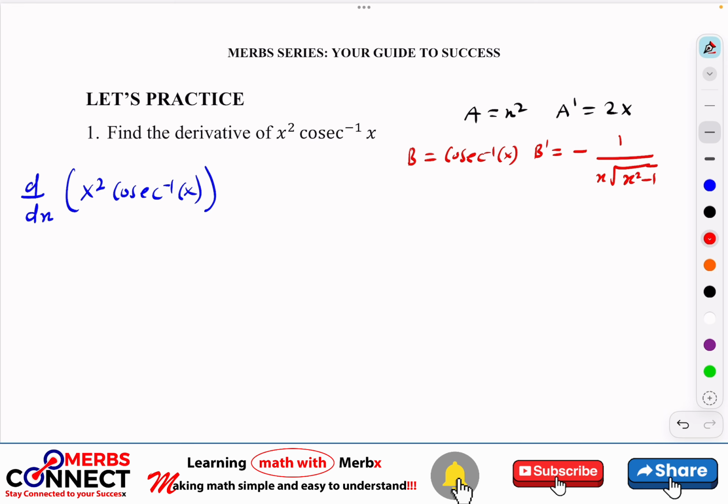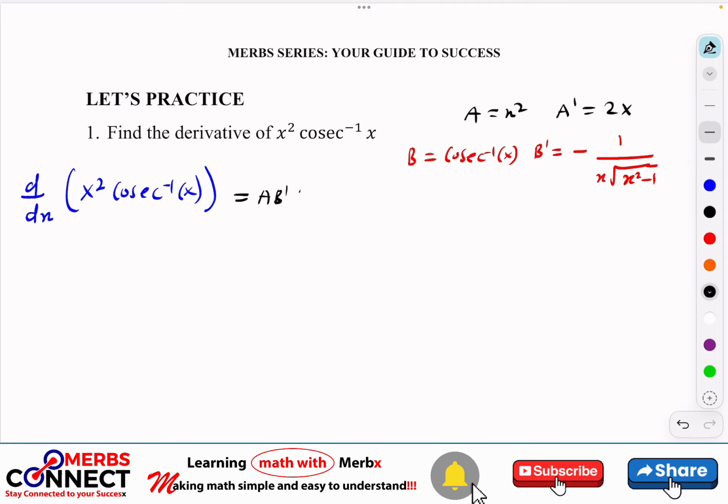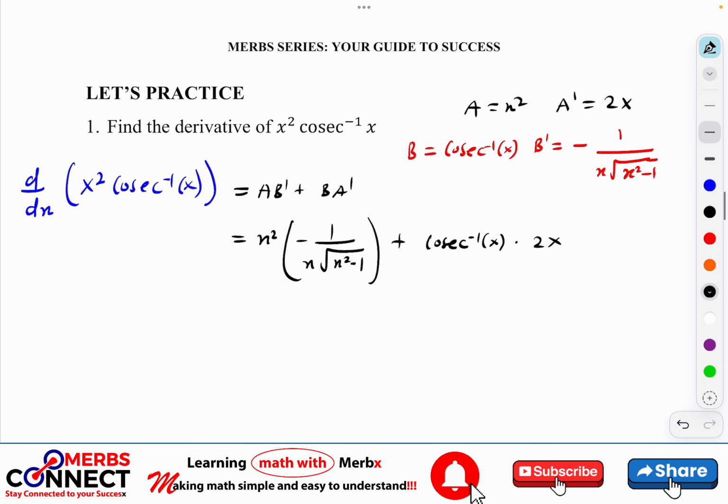Beautiful. So let's just use the product rule quick here. Multiply this by this and this by that. So a b prime plus b a prime. A is x squared, b prime is minus 1 over x square root of x squared minus 1, plus b is cosec inverse of x, times a prime, which is 2x.